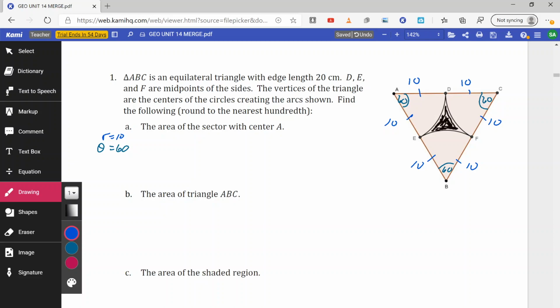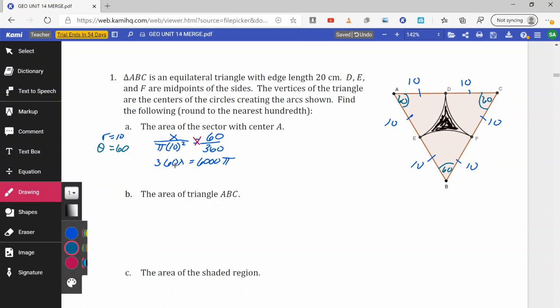So the area of our sector is our unknown, so x, over the area of a circle, pi times radius squared, so 10 squared, is equal to my central angle, 60 over 360. So we cross multiply. So 360 times x gives me 360x. 60 times 10 squared is going to be 60 times 100, so 6,000 pi.